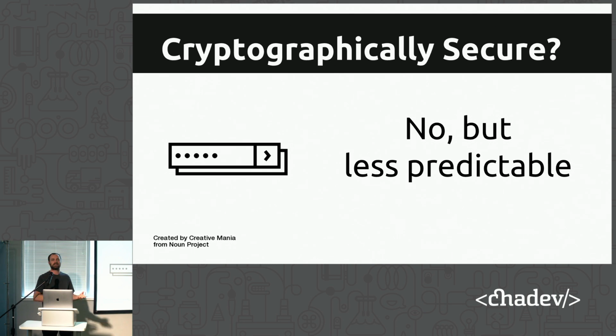That's a different class of random number generation and is generally much more expensive to do. Oftentimes, though, if you're selecting a random song on a playlist, you don't need it to be cryptographically secure. But the great thing about the PCG family is that it is less predictable than a lot of the others.